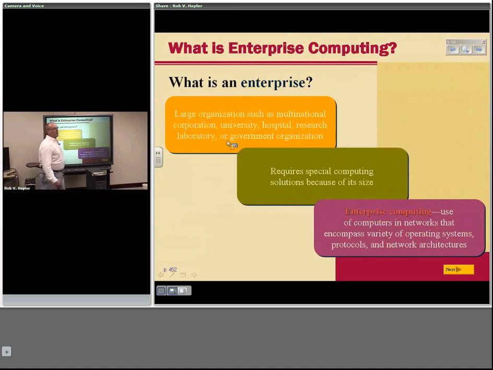So an enterprise, other than being a starship, aircraft carrier, and so forth, what is an enterprise? It's a large organization. Probably most of you don't belong to a very large organization, I'm guessing. But I don't know that, of course, but probably most of you don't. And here it says it's such as multinational universities, hospitals, those kinds of things.